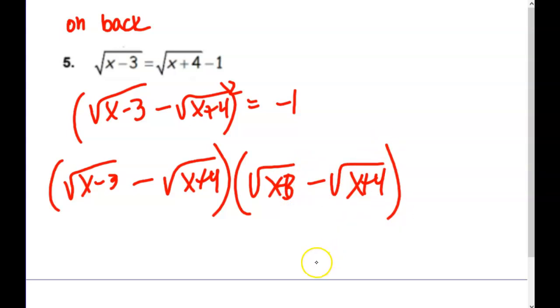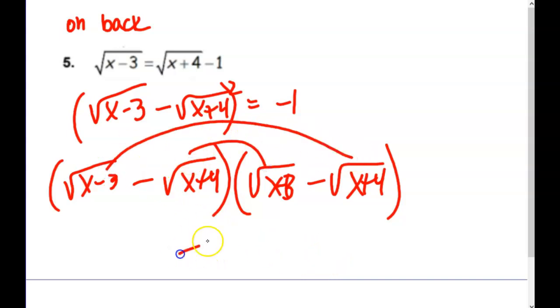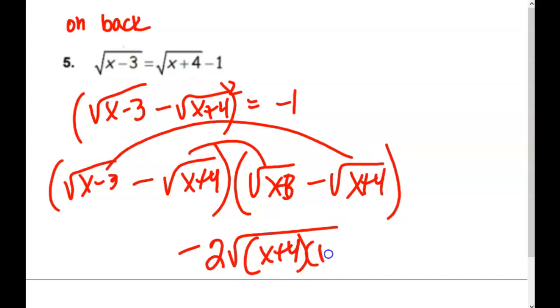Does that look like a good time to try squaring it? When you did these, you'd get minus 2 square roots of x plus 4 times x minus 3. That's not going anywhere good. That's just a hot mess.